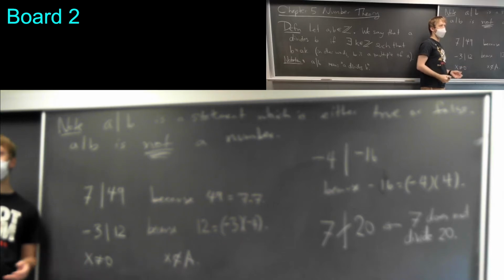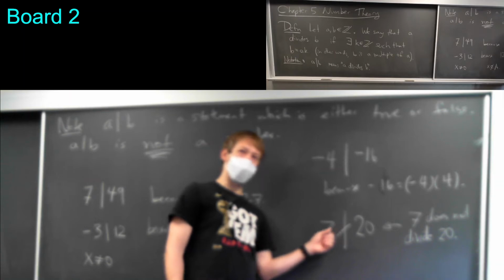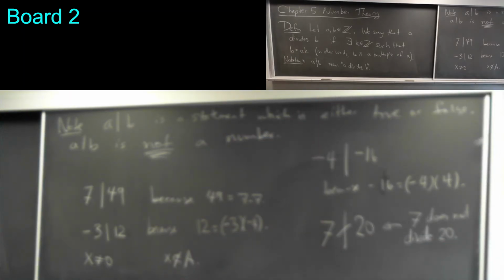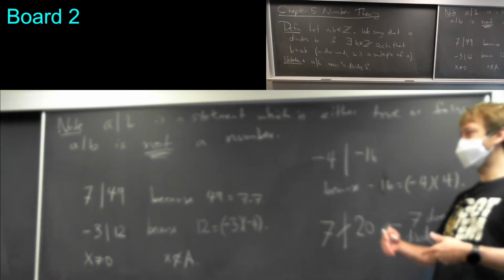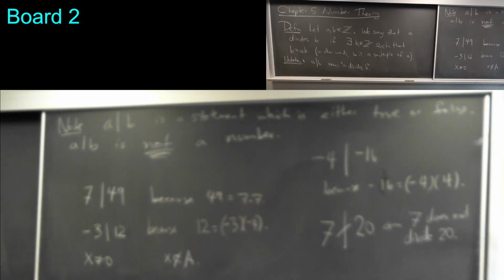It's what we do with all mathematical notation. If you want to say something's not true, you just write a slash through the symbol. Any questions about any of this? Hopefully this concept is kind of familiar to you, right? This is just saying, does a number go evenly into another number, with no remainder?